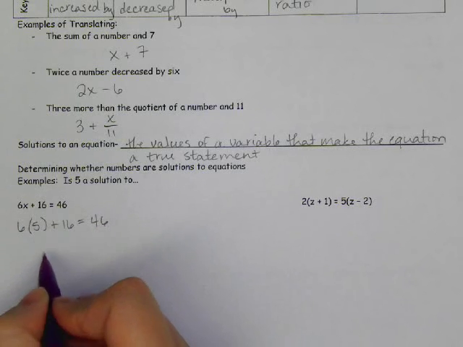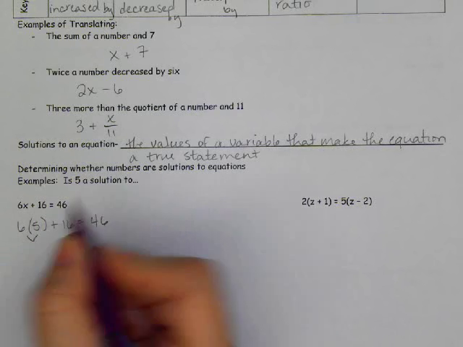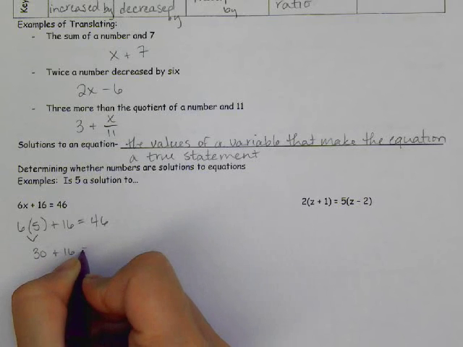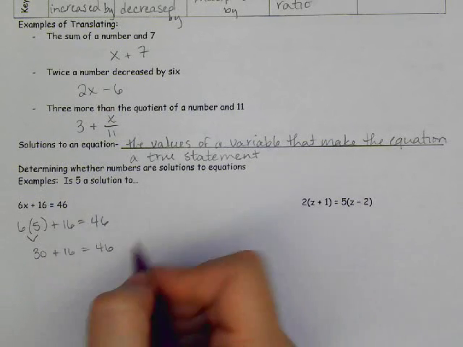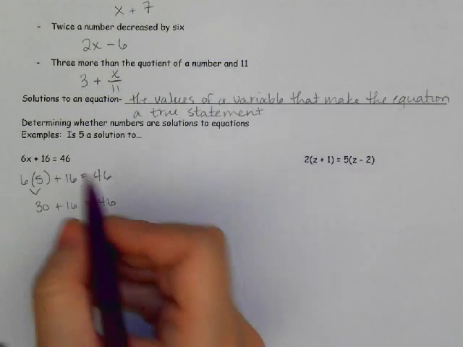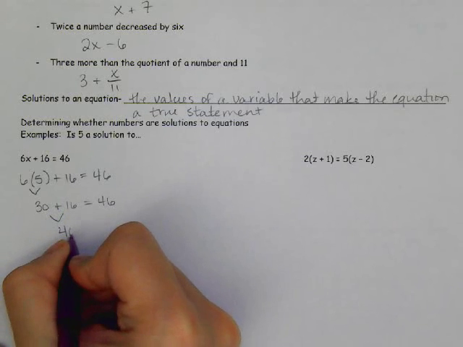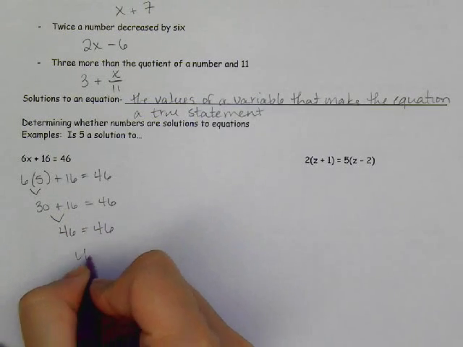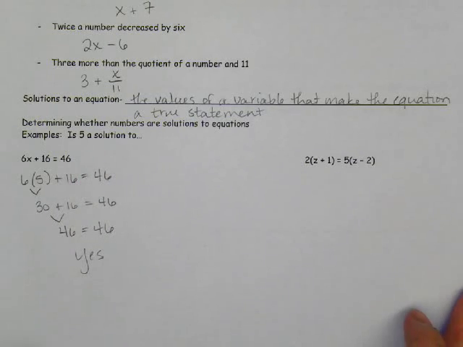And then I'm going to do the math on each individual side. I'm not going to cross that equal sign, but I'm just going to say 6 times 5 is 30, plus 16 equals 46. I'm just going to keep bringing down everything that I didn't use. 30 plus 16 is 46. It is true that 46 equals 46, so yes, 5 is the solution to this particular equation.